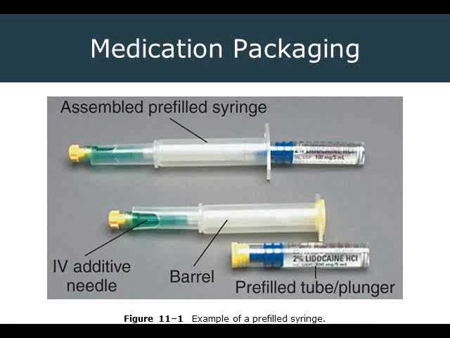I guess the interesting part of this package that they've selected here is if you pull on the yellow-green IV needle or IV additive needle, you can kind of see there's a U-shaped little guard, more or less, made out of the barrel. There is an actual needle underneath that green.